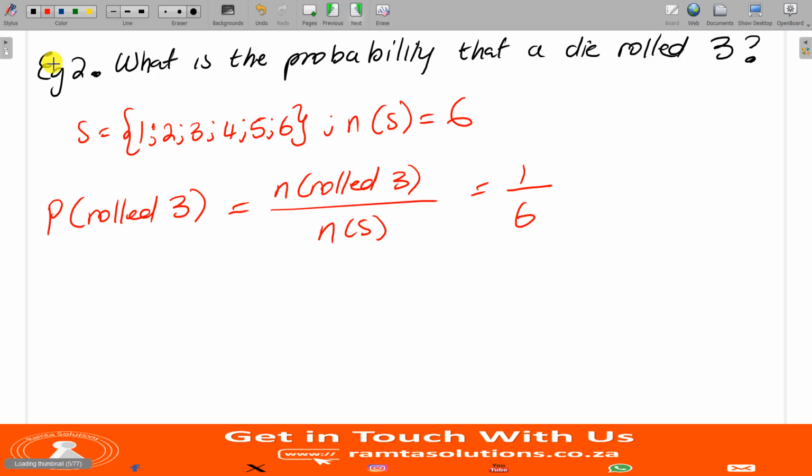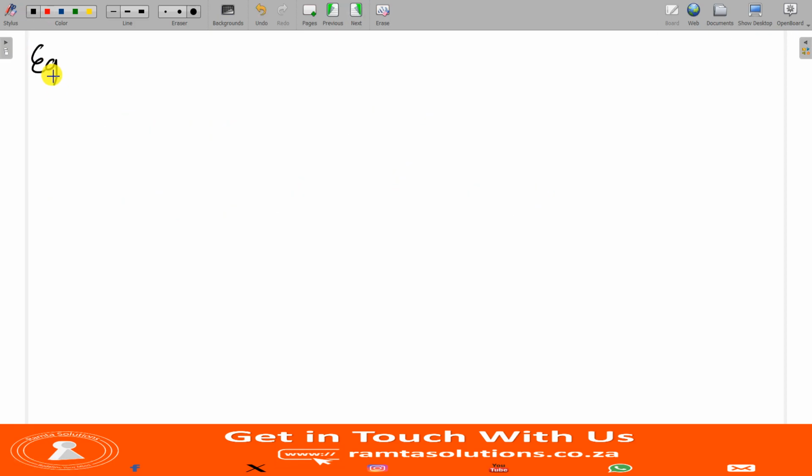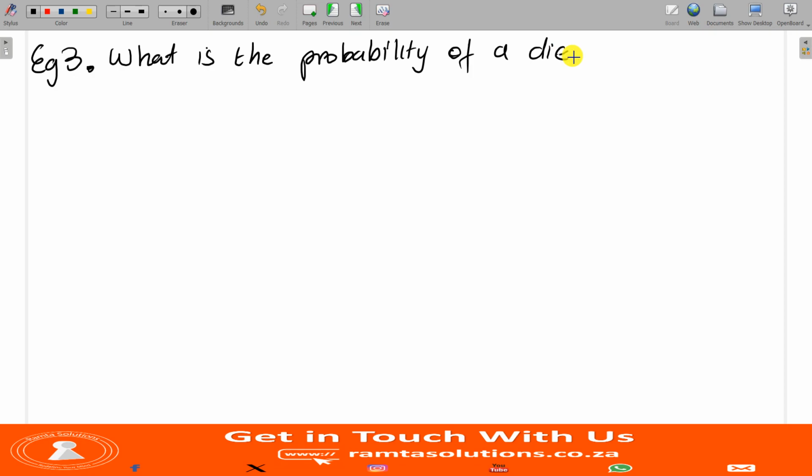Okay, perfect. Now let's try one last example. I think I should make it slightly different, and I'm going to use the case of a die. So let us now say, what is the probability of a die showing a factor of 6?